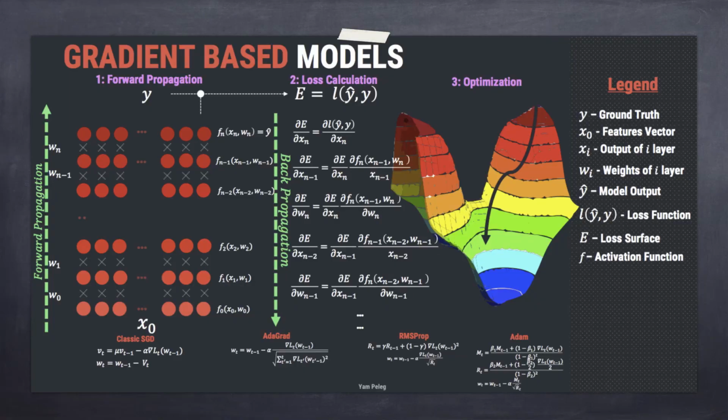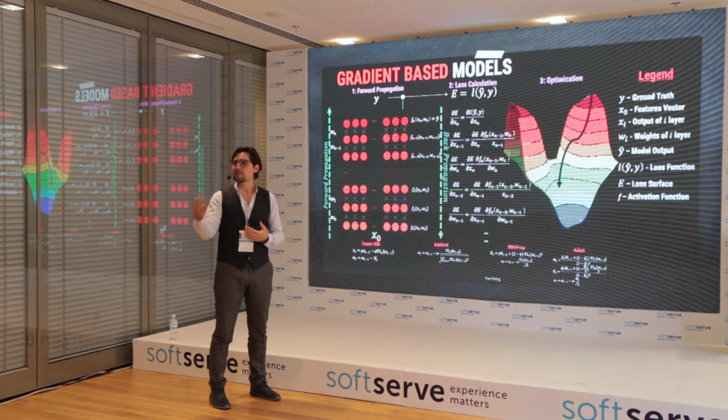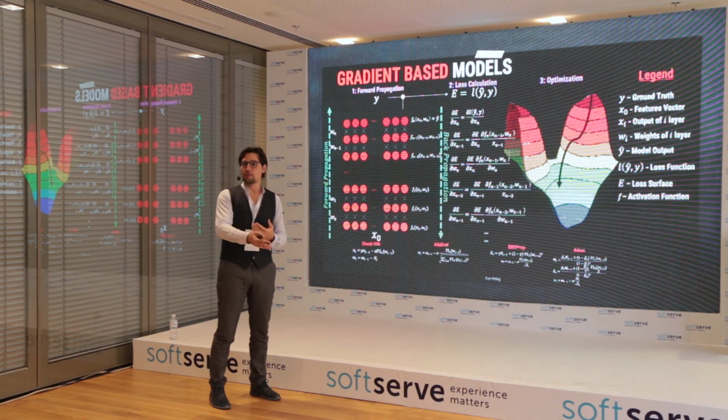If you want the details about that, basically this is the idea. Apart from the awful math there, you have an error function that calculates the loss, and you want to minimize the loss between the real target you have, the real class of the image for instance, and what you predicted.